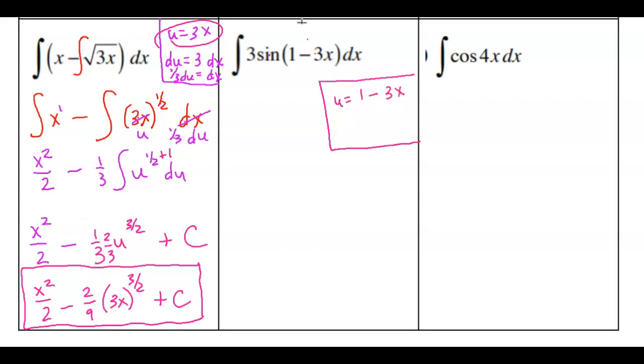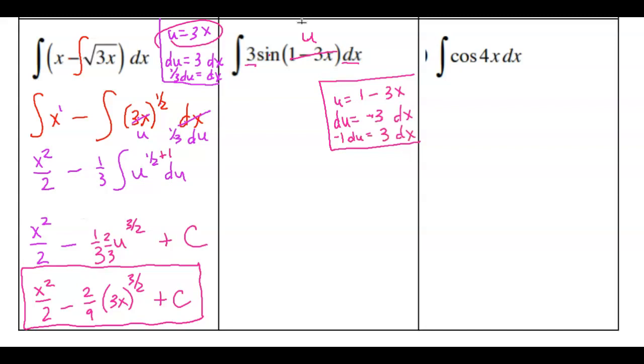See, this would be like a chain rule for a derivative. So du, we get negative 3. And we'll go to match this up. So here's u. Now, I don't have a negative 3 dx, but I do have a 3 and a dx. So I really just want to divide by negative 1.